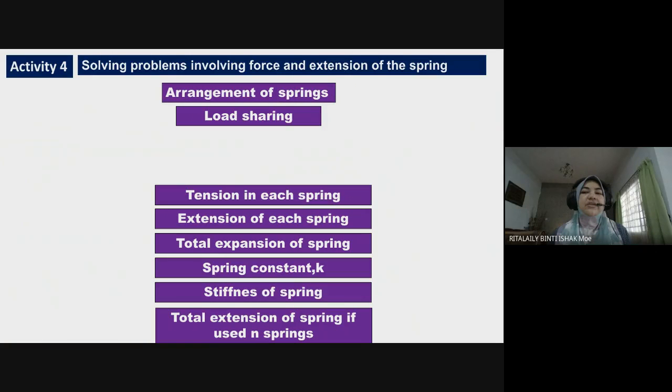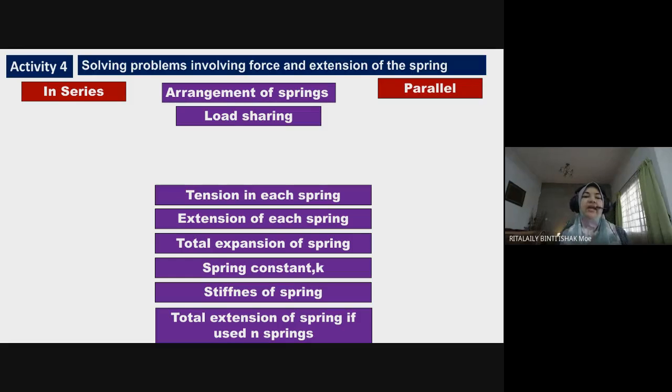Saya kata ada 5. We have looked at the diameter of the spring, thickness of the spring, initial length of the spring, and type of the spring material. This is another factor that affects the extension of the spring, which is the arrangement of a spring. Spring can be arranged in series.